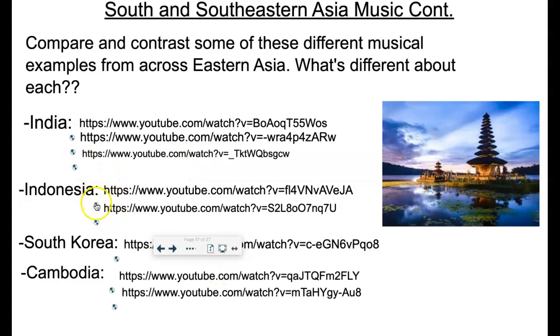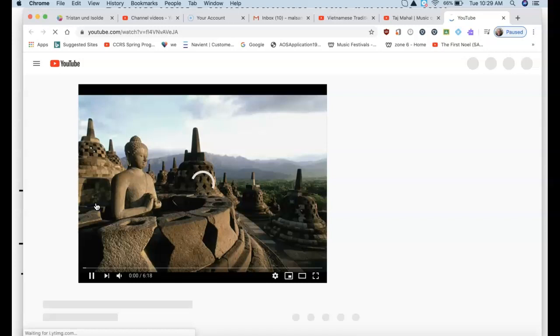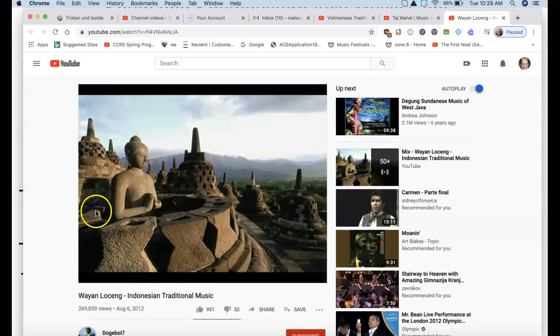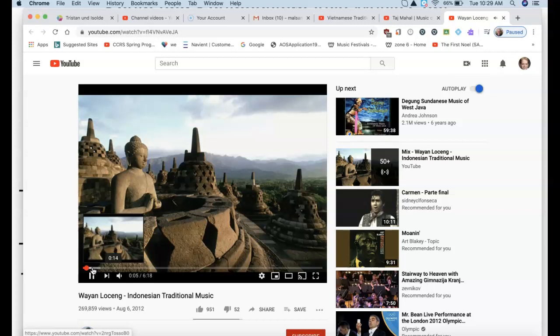Let's take a look at Indonesia. You could easily say that there is a huge difference between the Indonesian music and that of the Indian music, right? Or the music of India. Sorry, the music of India.